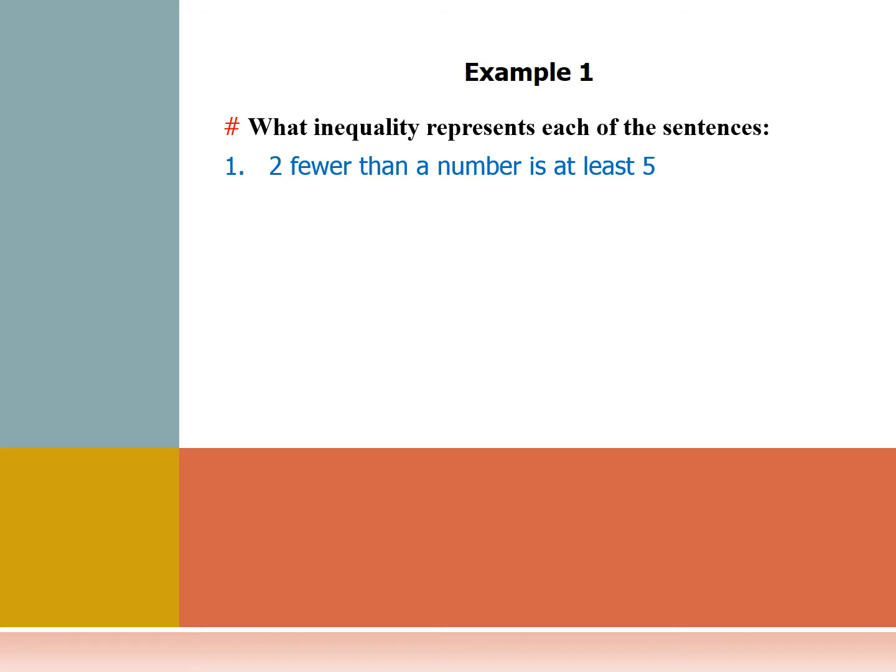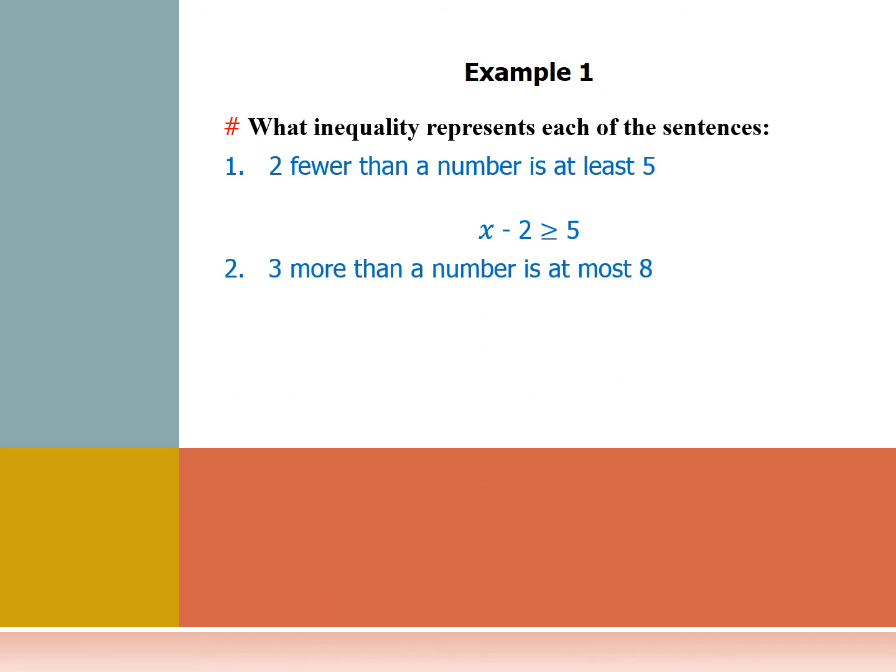Then we have numbers greater than 5, and you know how to find 2 fewer than a number because this is algebra. So we have x minus 2 is greater than or equal to 5, because 5 here is the least number of the expression of all numbers.